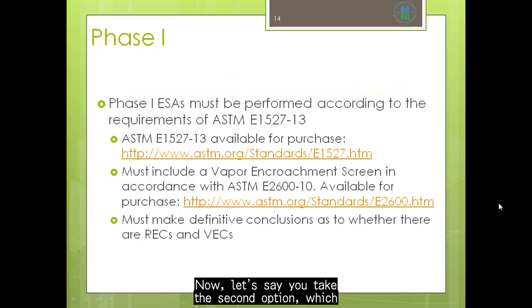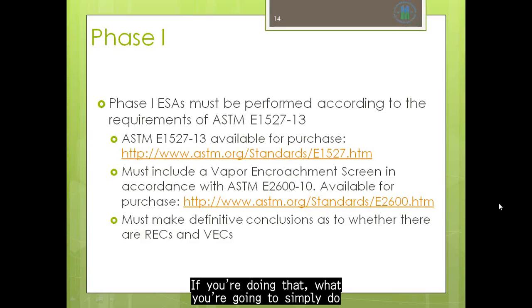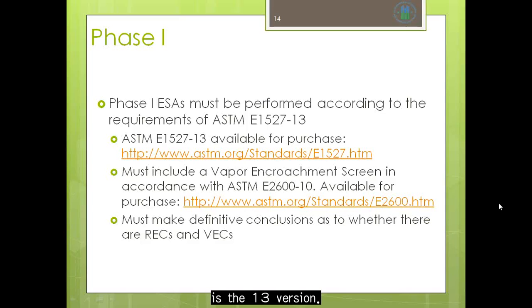Well, let's say you take the second option, which is to put a Phase 1 ESA together without looking to see if any of the conditions are present. If you're doing that, what you're going to simply do is ensure that that Phase 1 ESA meets the currently applicable ASTM standard, which is the 13 version.